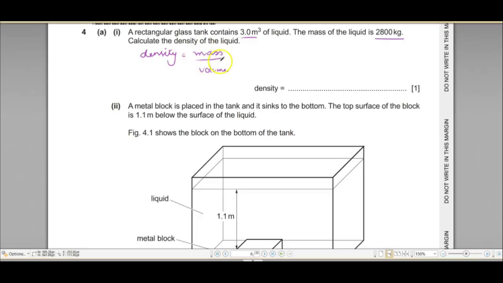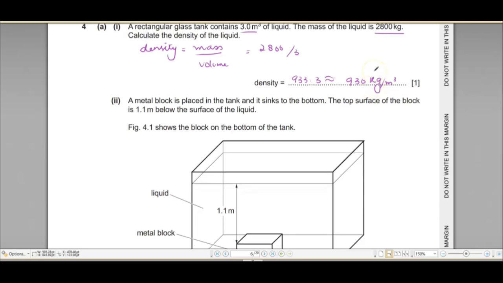Since we have a mass and we have a volume, we are just going to put in our values over here and we will get an answer of 933.3, which can be rounded off to 930 kg per meter cube, right?